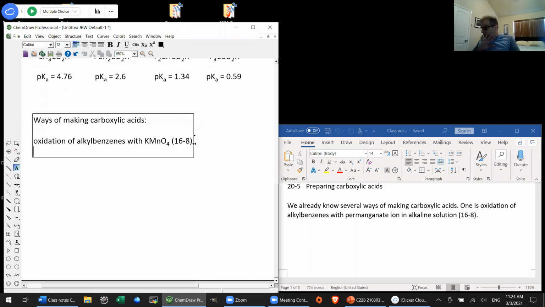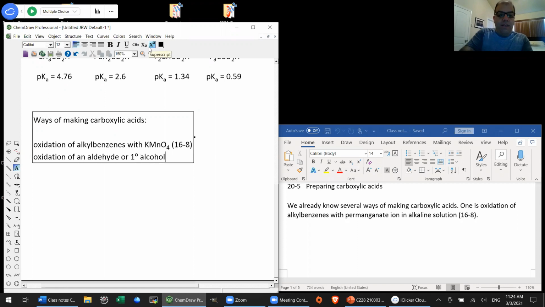There's also, and we'll go over these more in detail next time, the other one, oxidation of an aldehyde or primary alcohol. Generally with something really strong like Jones reagent. That's basically chromic acid. So it takes really strong oxidizing agents.